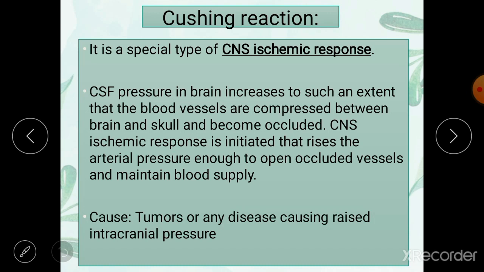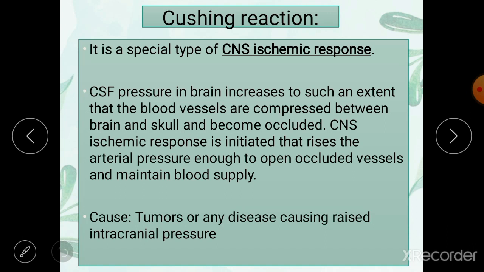There is raised pressure within your skull, within your cranium, and the reason for this can be any tumor or any cancerous growth or raised production of the CSF or your cerebrospinal fluid, or there is blockage of drainage of CSF, and CSF starts to accumulate within your brain, and this causes raised intracranial pressure.